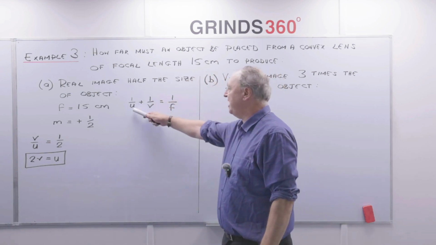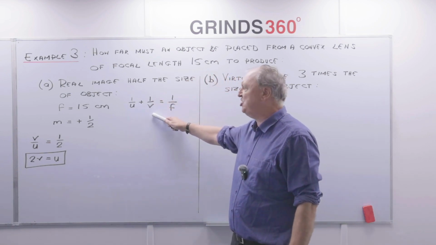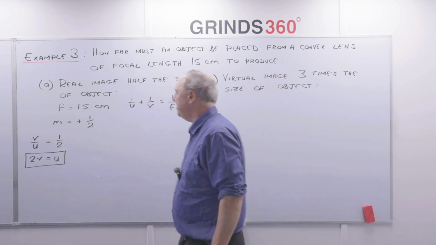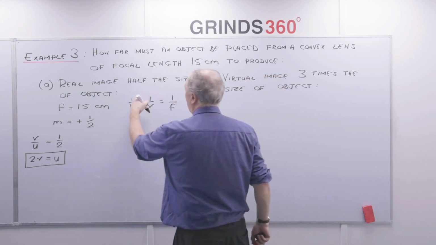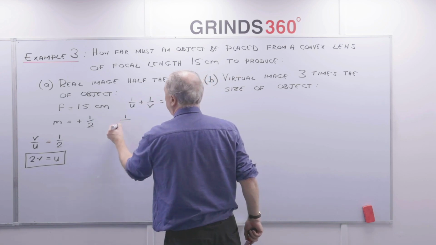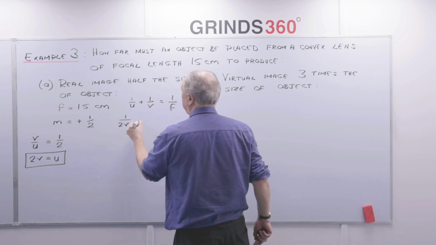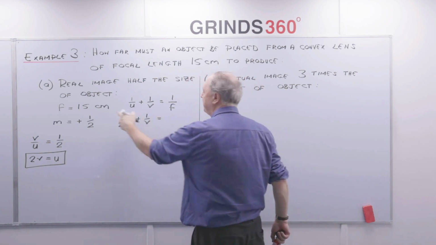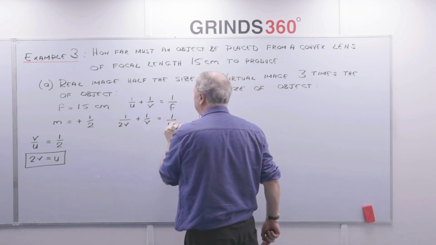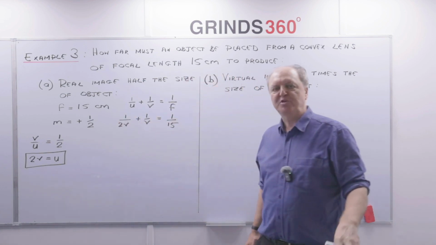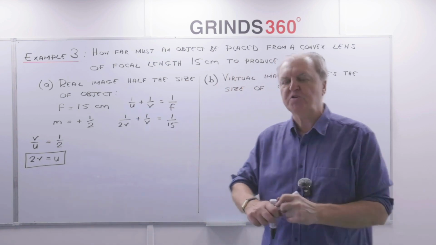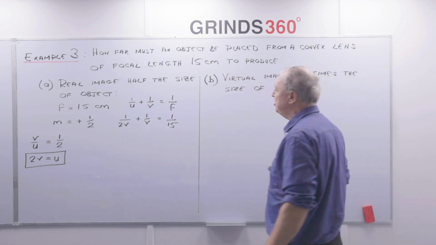Now, as I said, I don't have U or V, but I do have the relationship between them. I can replace U by 2V. So I can say 1 over U, which is 1 over 2V, plus 1 over V is equal to 1 over F, which is 1 over 15. And you know what I've done now? I'm just left with one unknown called V. So let's go to my normal tidying up procedure.